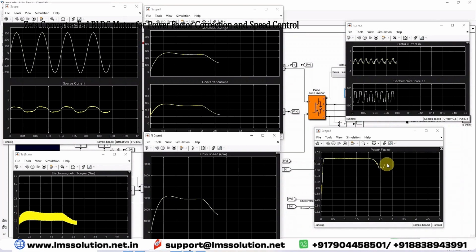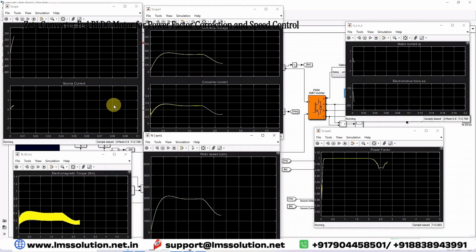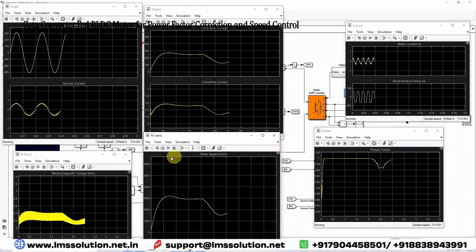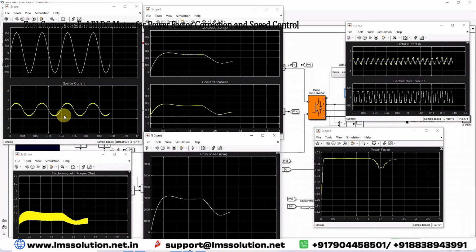Now we can see that the power factor is increasing towards unity, and the nature of the source current is still sinusoidal, and the phase angle difference is 0 between source voltage and current. You can see the power factor goes to nearly unity, and the source current is also sinusoidal. Even for the change in reference voltage, the power factor is maintained around unity.